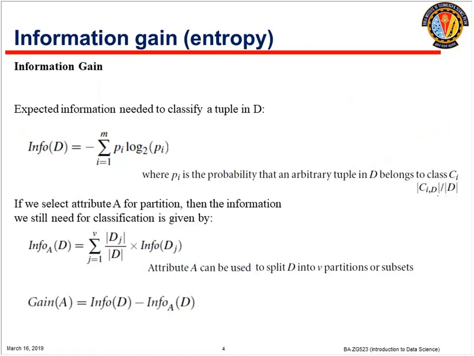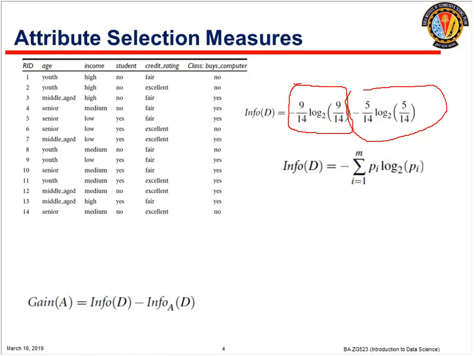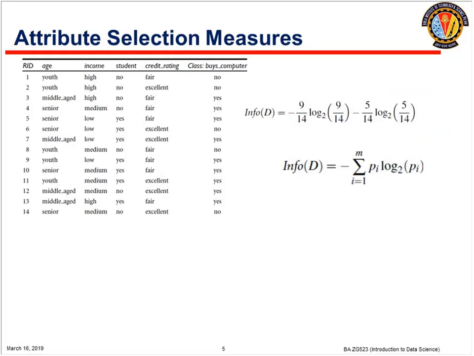Otherwise p log p, because p is less than 1, becomes negative, so the negative of that becomes positive. Ultimately this will be 0 or some positive number. So the initial entropy here is minus 9 by 14 log 9 by 14 minus 5 by 14 log 5 by 14.